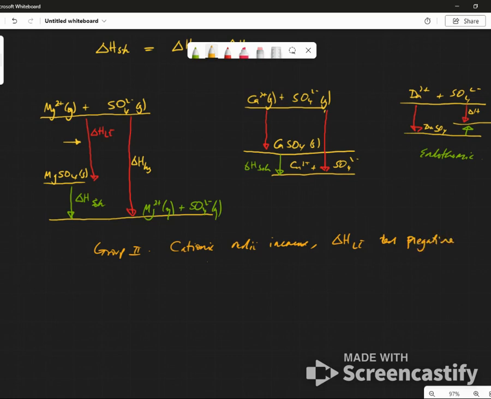Delta H lattice becomes less negative, and delta H hydration becomes less negative as well. But which one changes quickest? Delta H hydration changes quicker. Does that make sense? Look, they're both decreasing. Lattice energy is decreasing. Hydration energy is decreasing.